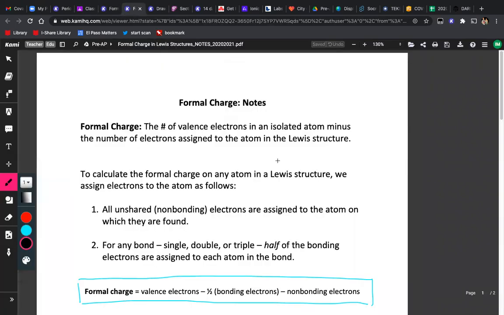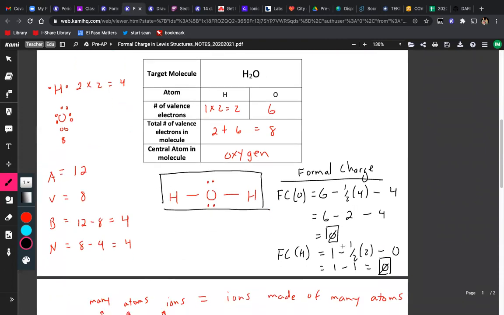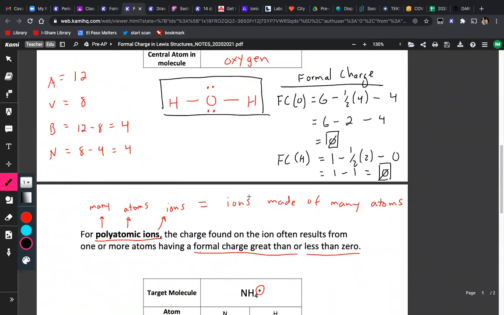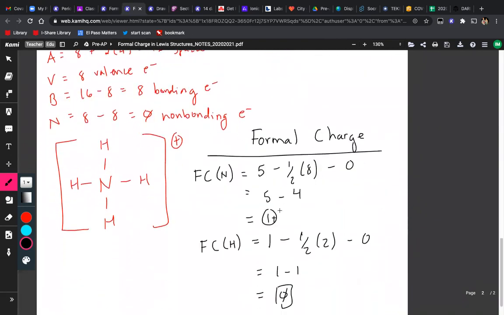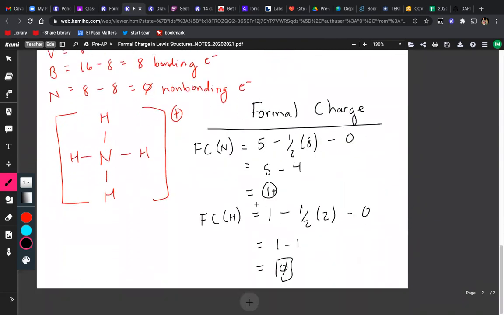So like we did back here, the formal charges add up to 0. That's what you want. Oxygen doesn't carry a charge. Down here, the formal charges add up to 1, right? If I take this positive 1 and this 0, 1 plus 0 is obviously 1.